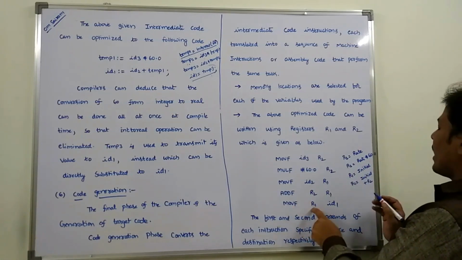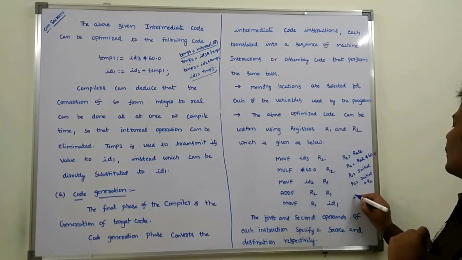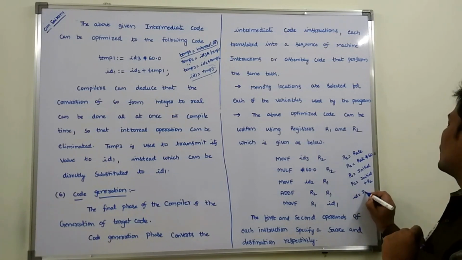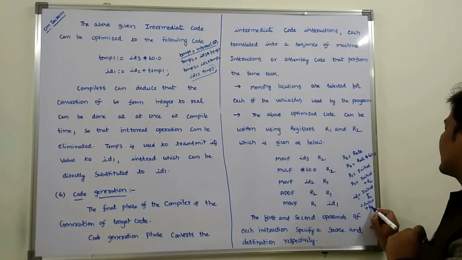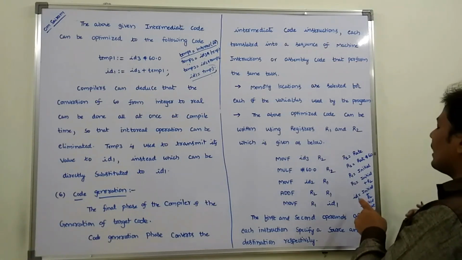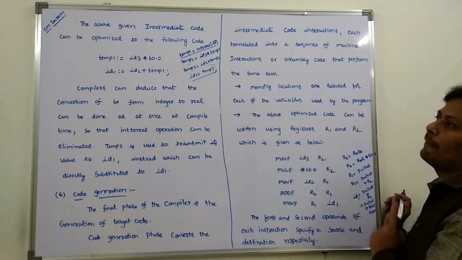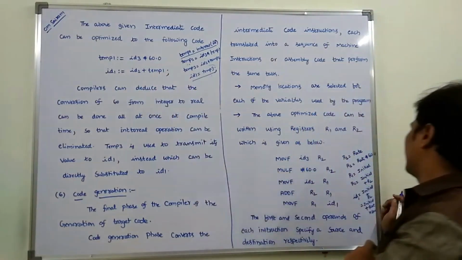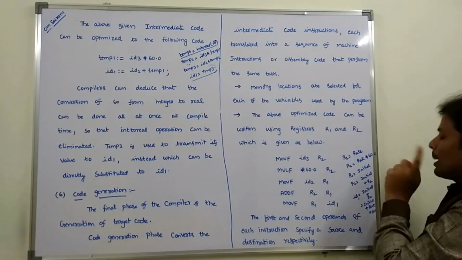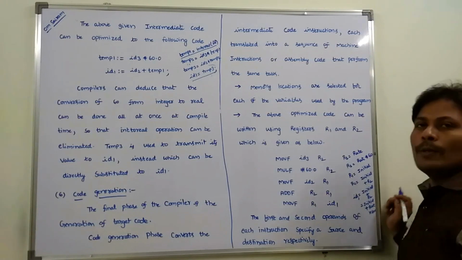So now MOVF R1, ID1. So now ID1 is equal to initial plus R2, that means initial plus ID3, that is the rate into 60.0. So the final result is there at ID1. So this is ID1 is equal to ID2 plus temp1. ID2 is initial, temp1 is nothing but rate into 60.